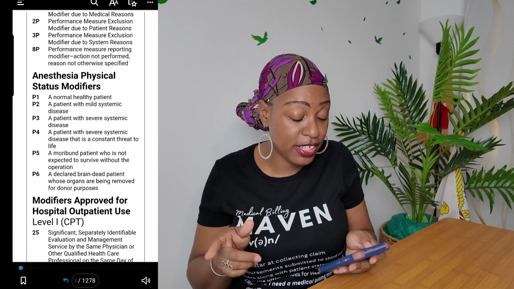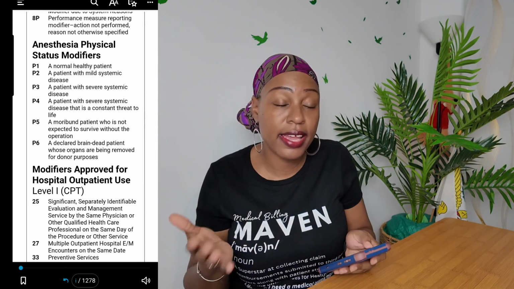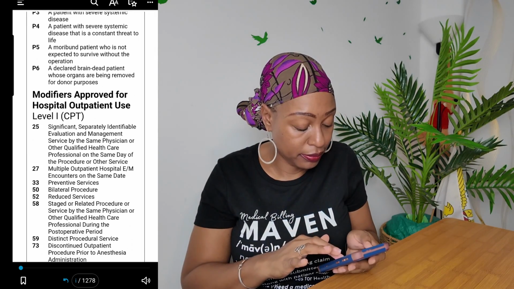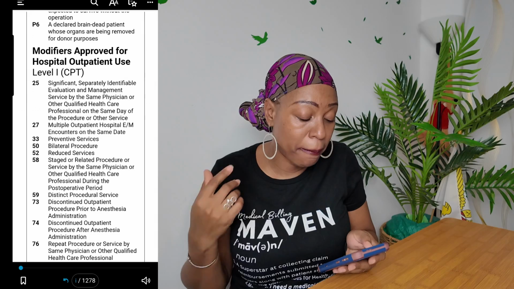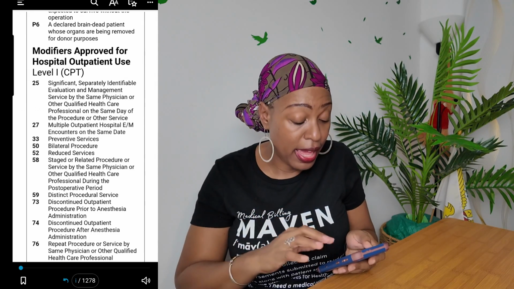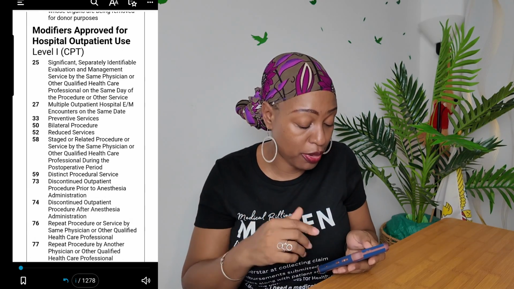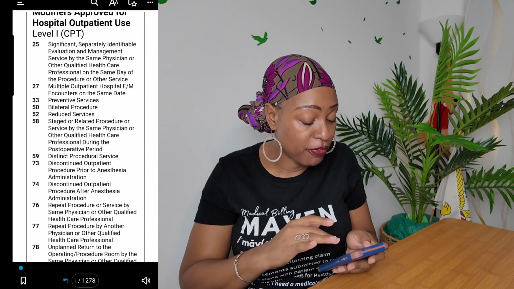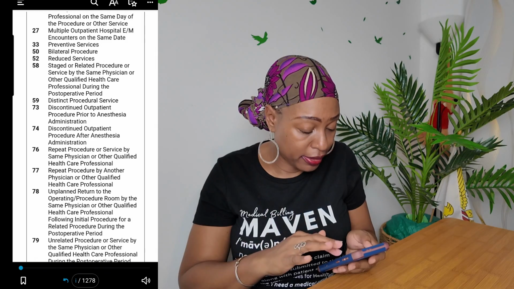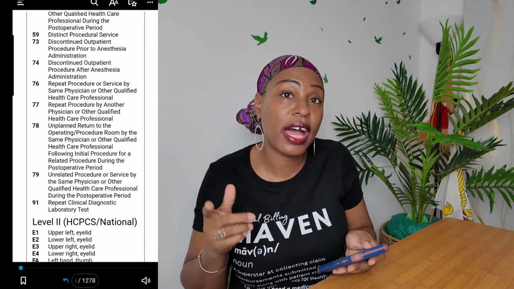Then you have the anesthesia physical status modifiers, and as they say, this is for anesthesia. Then you have the modifiers approved for hospital outpatient use. This again is level 1, which, like we said, is the CPT book. Some of these repeat from the ones we already saw, but there are some that aren't, because some of them specifically pertain to the outpatient.